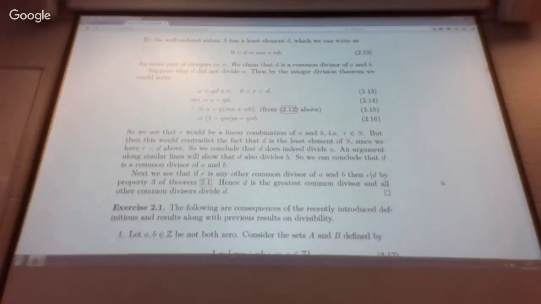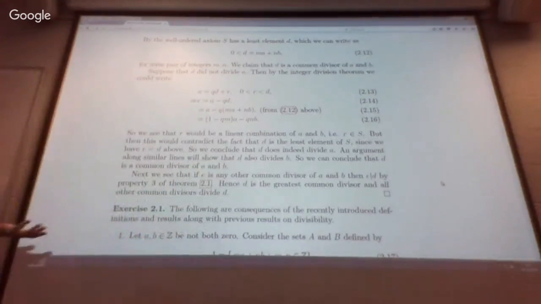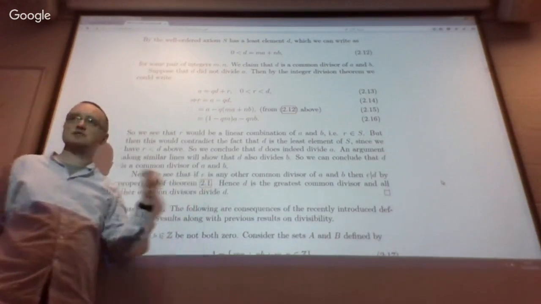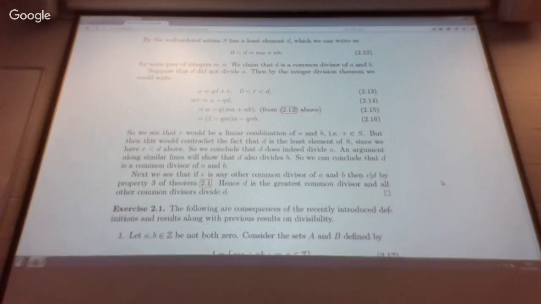Well, to do that, we suppose that E is any other common divisor of A and B. Then if we go back to our Theorem 2.1, basic properties of divisibility, if we look at property 3, that was the property of divisibility of linear combinations.